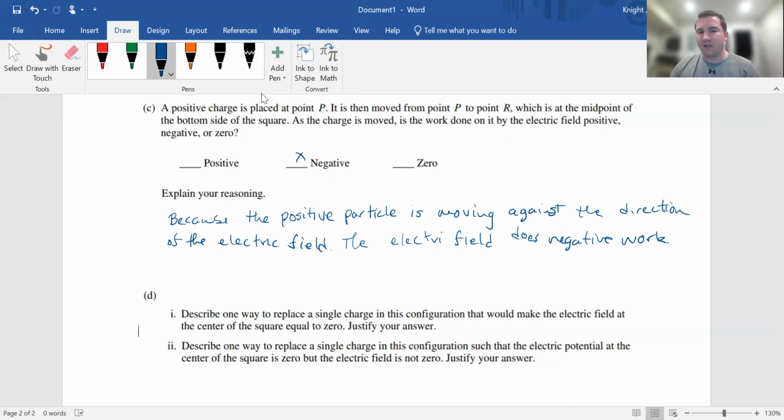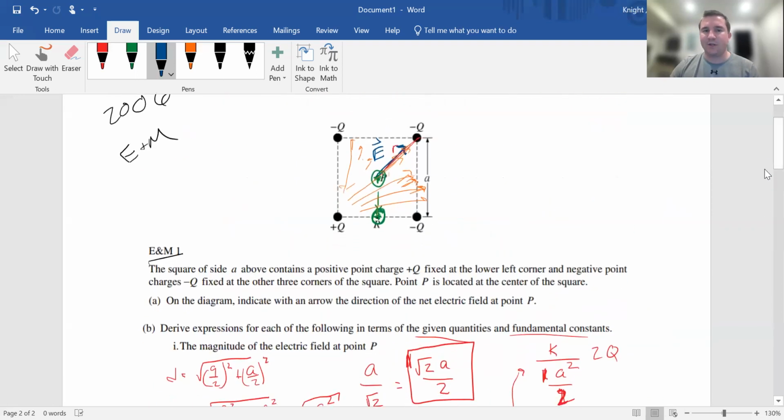You can also explain it using potential difference. The potential difference between point P and point R: you're going to get a more positive potential at point R than at point P, because we're moving it closer to this positive charge. So it's going to be more positive.